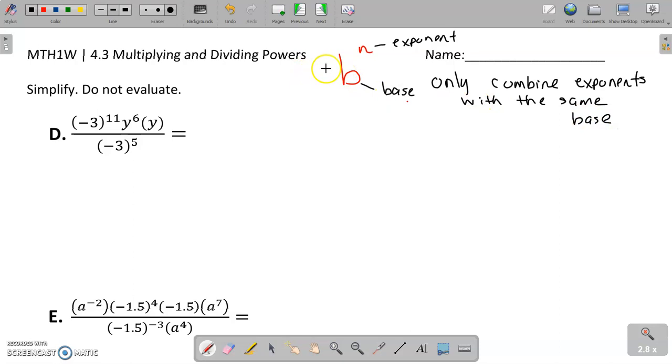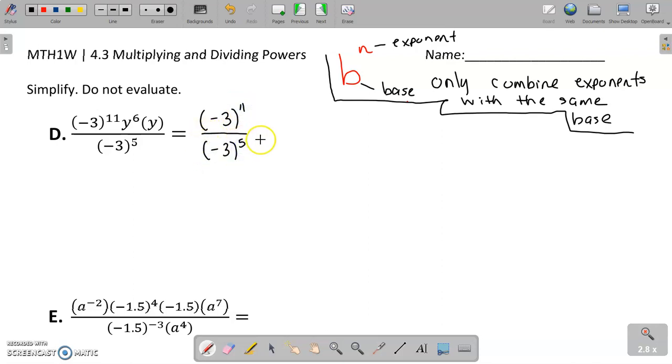And I think these examples can be confusing, but if we break them up into simpler parts, hopefully it will help. So if we look here, we can see right away there are some -3's. So if I group them together, we have a -3 to the power 11, and we have a -3 to the power 5. And then we also have two y's.